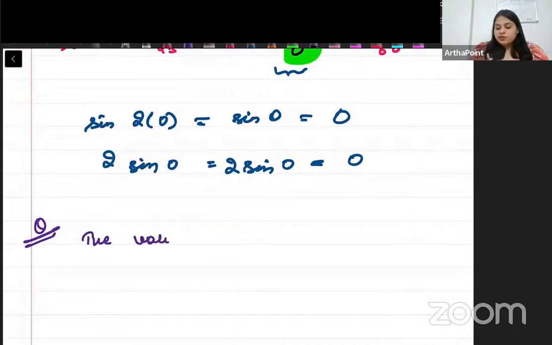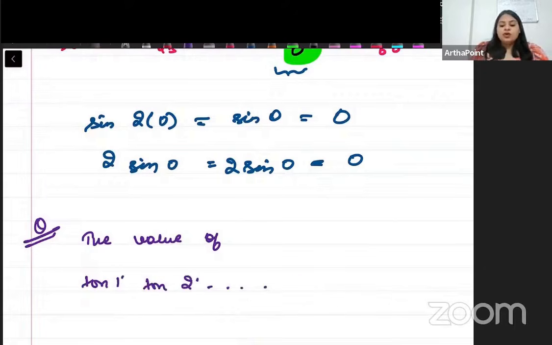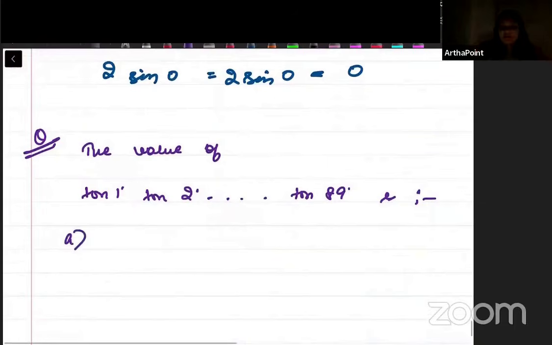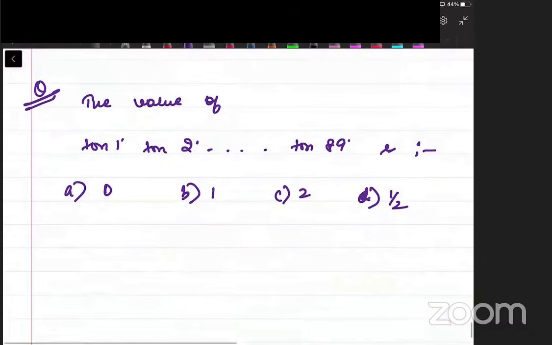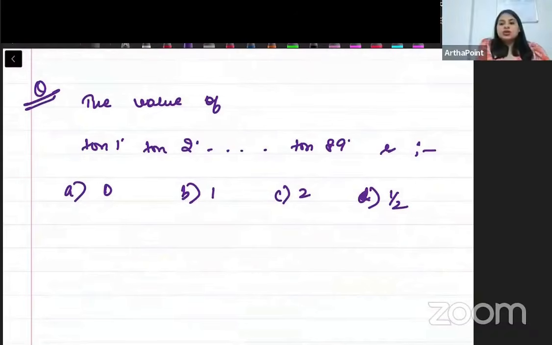Now I'm giving you a difficult one, and I want you to try this. The value of tan 1 times tan 2 till tan 89 is, and the options are 0, 1, 2 or half. Which of the following is the correct option? I'm telling you the answer: it will be 1.